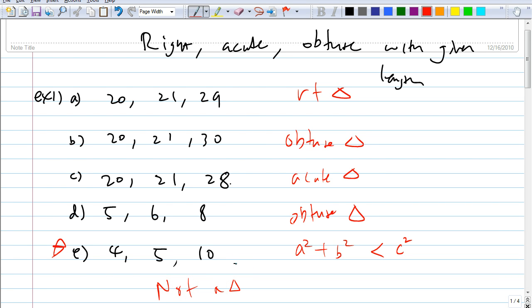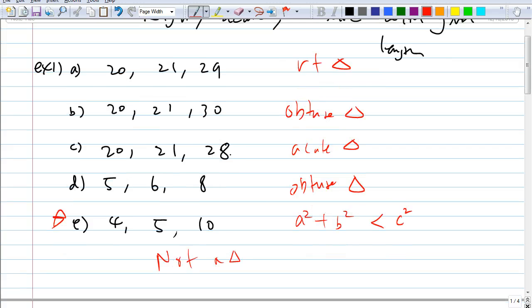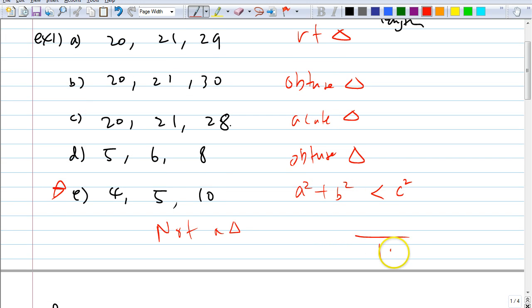So be careful, guys. You don't just blindly plug this in. You don't get a triangle with 4, 5, and 10 as lengths. So Michael is right. Because look, if this is 10 right here, here's 4, and here's 5, are they even going to reach? No. Even if I make this other one 5, would that give you a triangle?